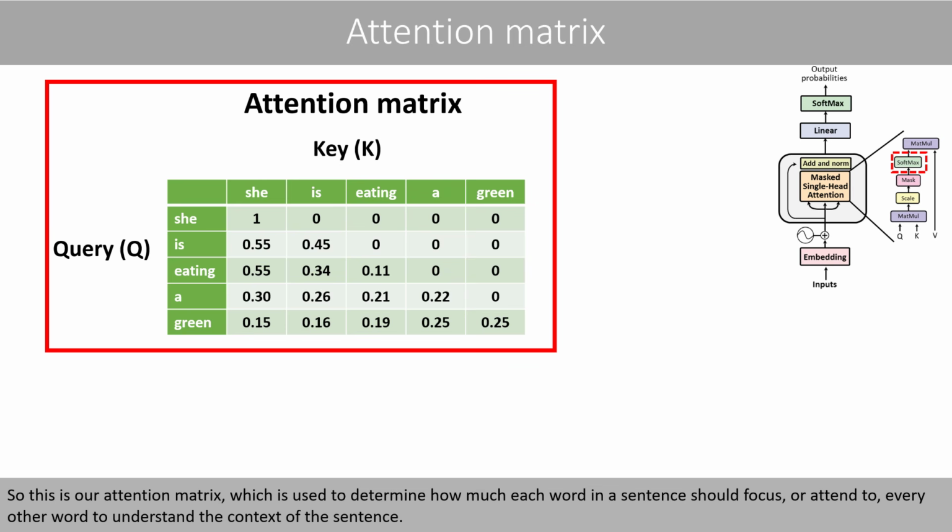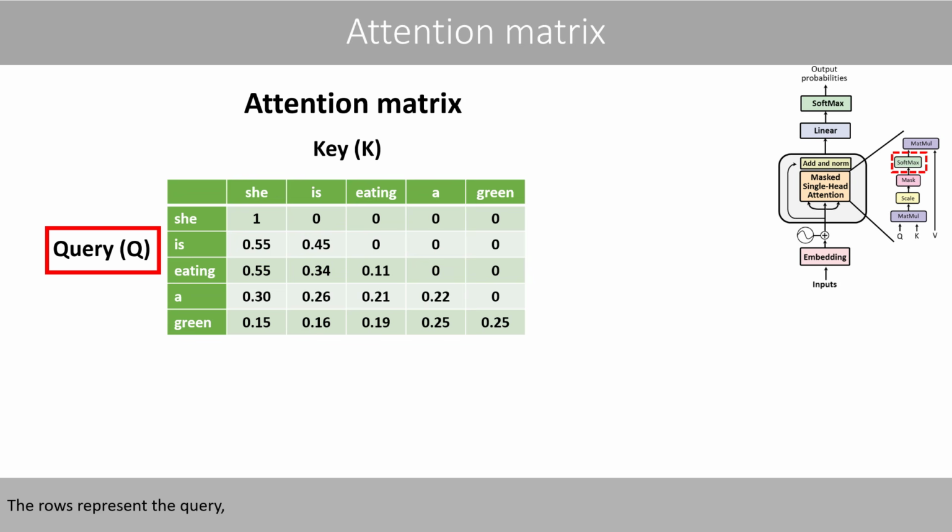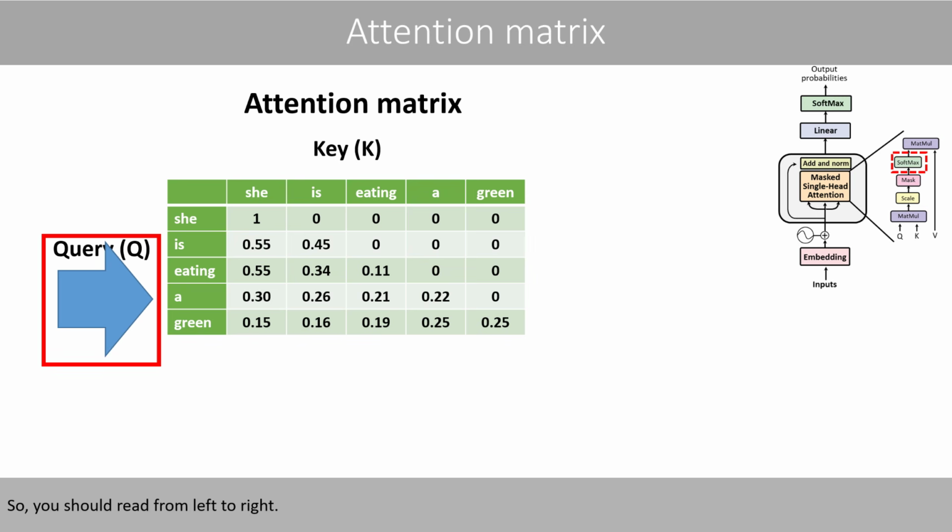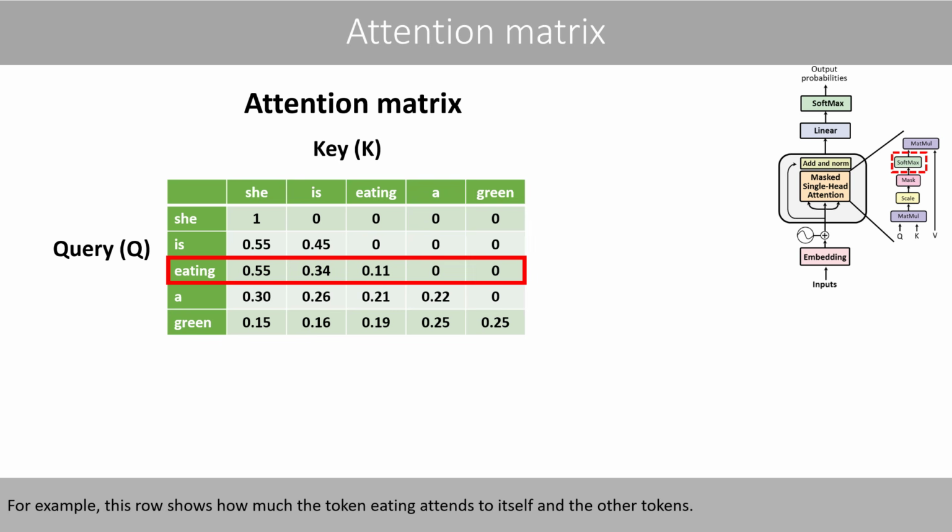So this is our attention matrix, which is used to determine how much each word in a sentence should focus or attend to every other word to understand the context of the sentence. The rows represent the query, whereas the columns represent the key. So you should read from left to right. For example, this row shows how much the token eating attends to itself and the other tokens.